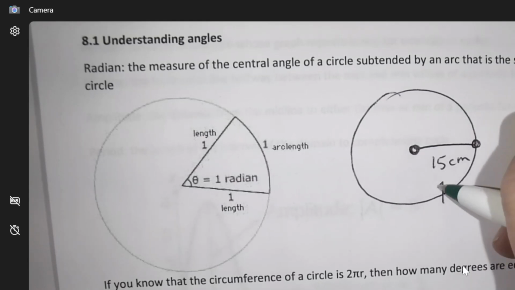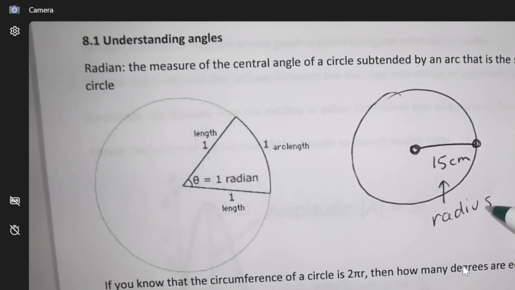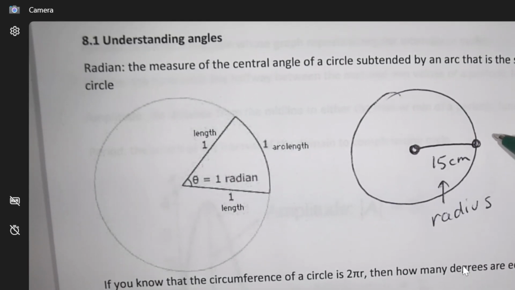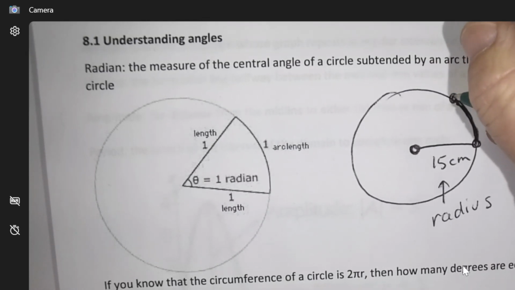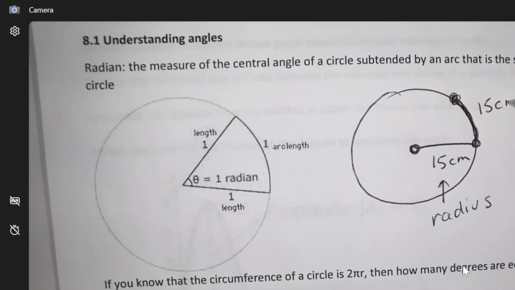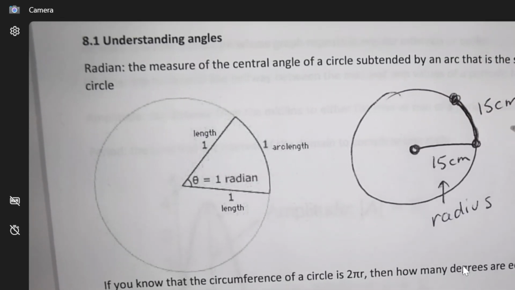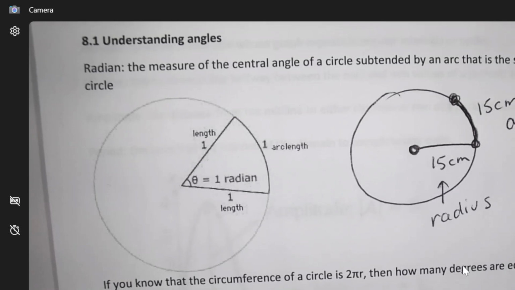So this is called a radius. Then if you were to go around the circle for 15 centimeters on the outside, that is called an arc length.